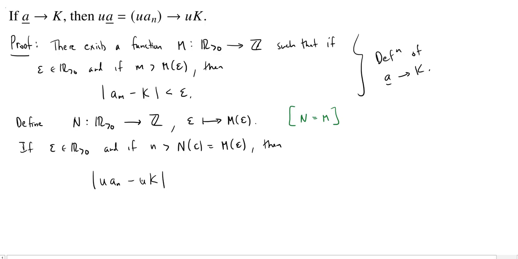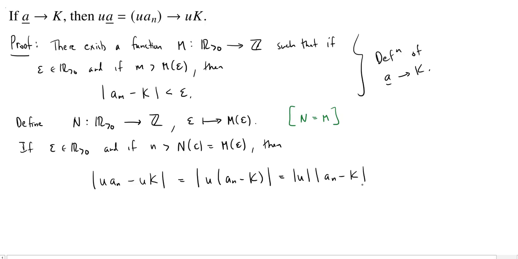All right, well, I notice I have a u in both of these terms, so I'm going to factor that out. So I get the absolute value of u times a_n minus k. And now, because the absolute value is multiplicative, I can break this up as the absolute value of u times the absolute value of a_n minus k.